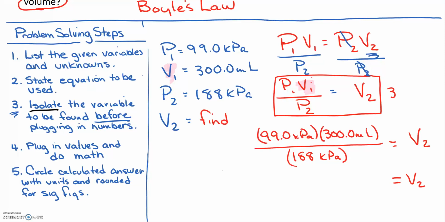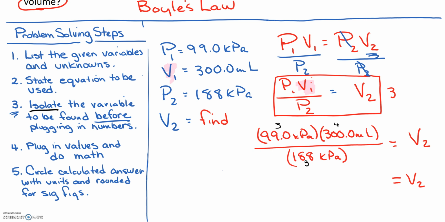Let's take a look at how many significant figures have been given here. 99.0 is 3 sig figs. 300.0 has 4 significant figures, and 188 also has 3 significant figures. When we are doing multiplication and division, our rule is to make sure our answer is rounded to the same number of significant figures as our factor with the fewest, which is 3.